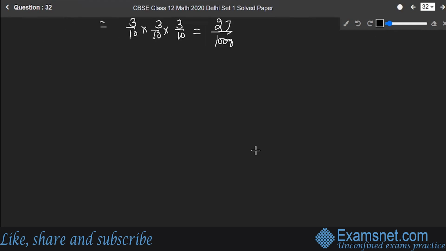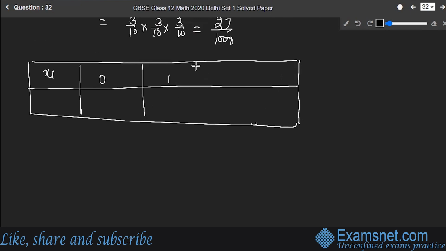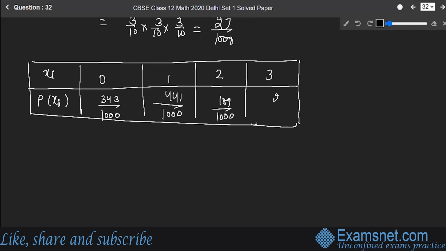Right, now it's easy. Let's make the probability distribution table. So this is the table. Here you have Xi: 0, 1, 2, 3. So P of Xi is 343 upon 1000, 441 upon 1000, 189 upon 1000, 27 upon 1000.